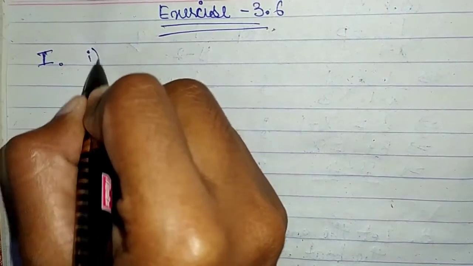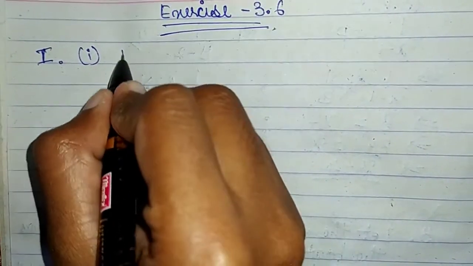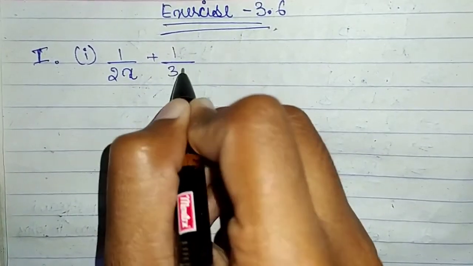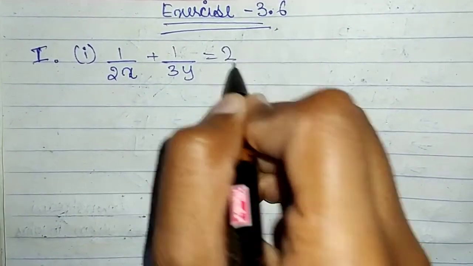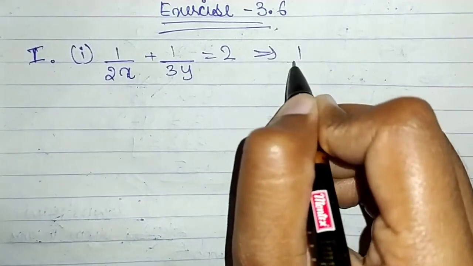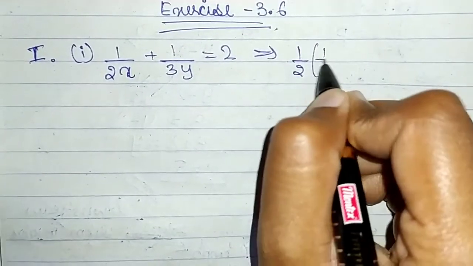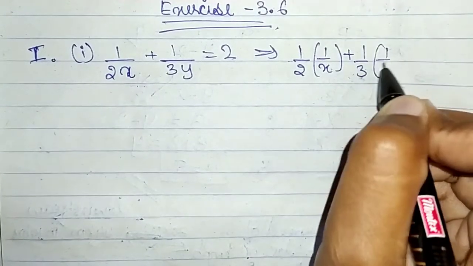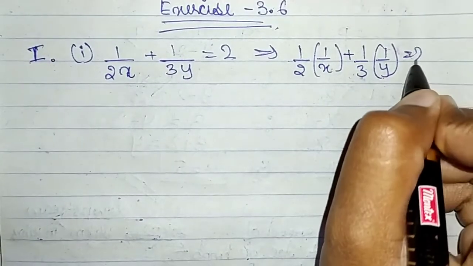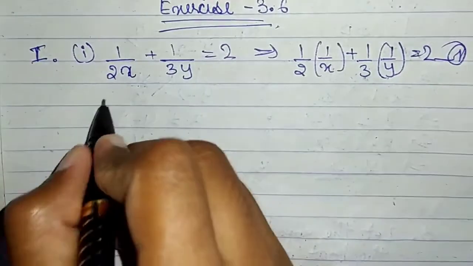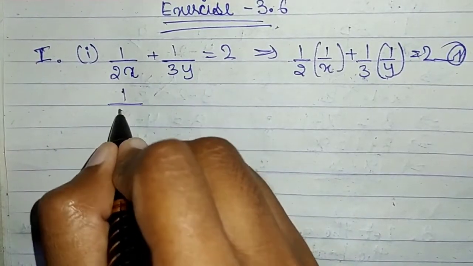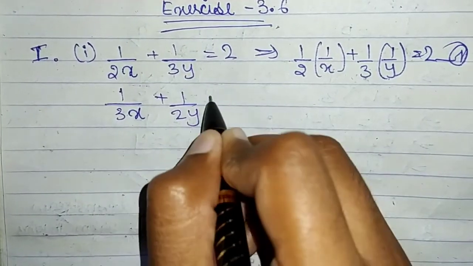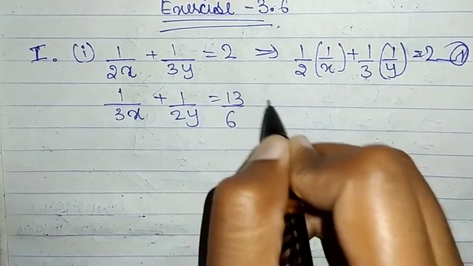The first set is 1 by 2x plus 1 by 3y is equal to 2. This can be written as 1 by 2 into 1 by x plus 1 by 3 into 1 by y is equal to 2. This is the first equation. And the second one is 1 by 3x plus 1 by 2y is equal to 13 by 6.